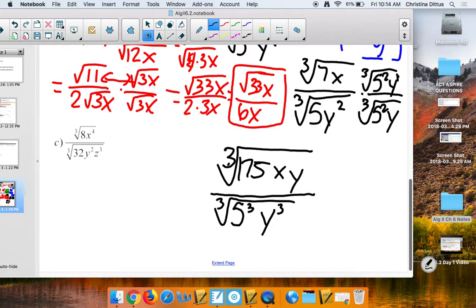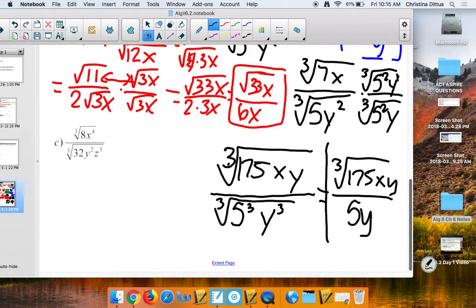It's just 5y. So I'm going to write my whole top. We said we can't do anything with it. 175xy, and my bottom is going to become 5y. I don't care that my top is nasty. I just care that my radical is out of the bottom.